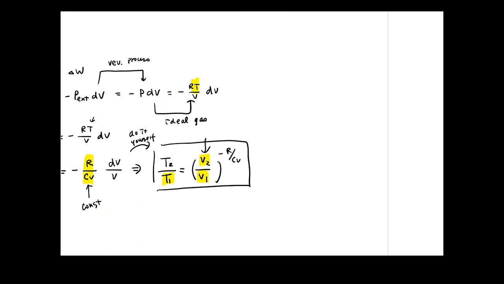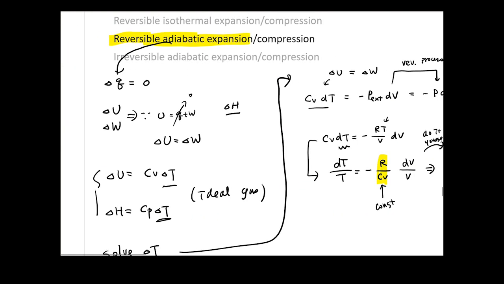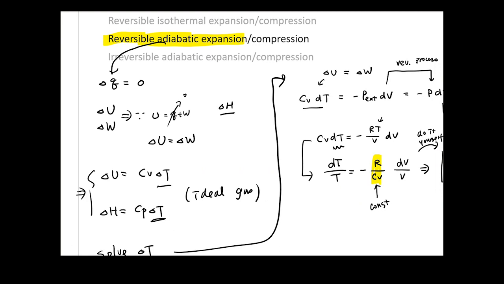Since you can calculate your T2, then you can calculate your delta T. Once you know your delta T, put it back here, then you can calculate your delta U and delta H for the reversible adiabatic expansion. And because delta U equals delta W, you will also know your delta W. For us in the beginning, we know it's adiabatic, so Q equals 0, then you can solve all four variables.